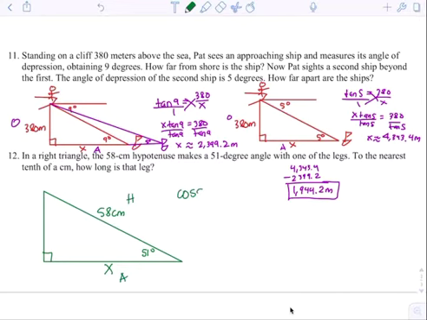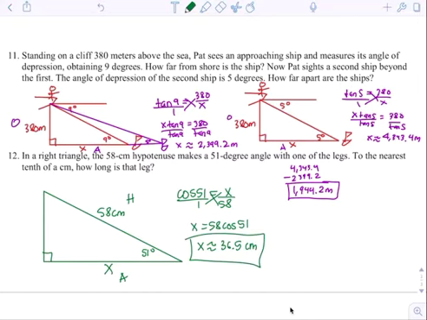So cosine 51 is equal to x over 58. So x is going to equal 58 cosine of 51 degrees. So how long is our leg? We got 58 cosine of 51, 36.5 centimeters.